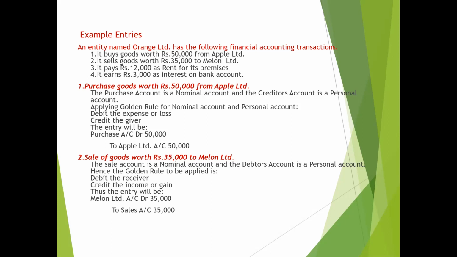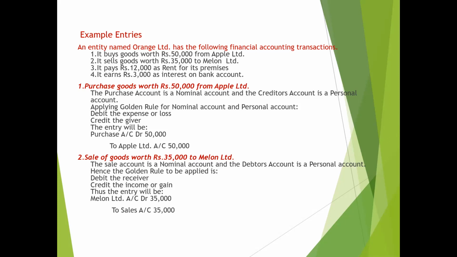So the purchase account is a nominal account and the creditors account is a personal account. Applying golden rules for nominal account and personal account: in these entries, the rules applied are the nominal account rule and then the personal account rule. Debit the expenses or losses, and credit the giver. So purchase account debtor, and then credit the giver.